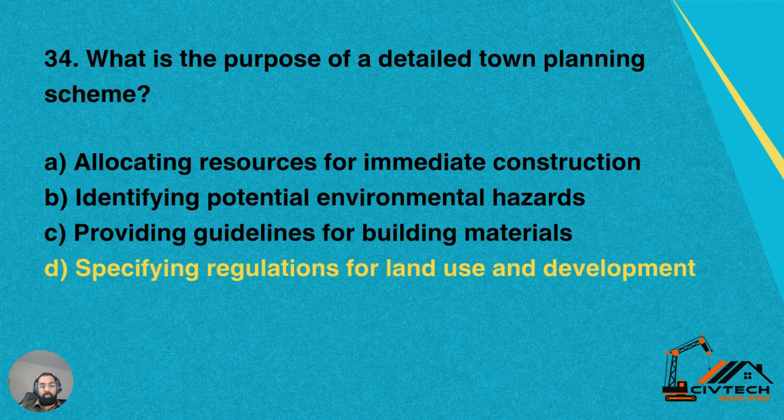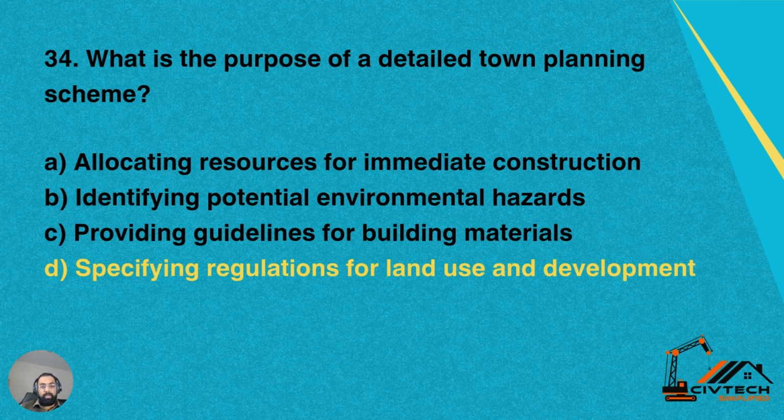Question number 34. What is the purpose of a detailed town planning scheme? After the master planning, we come to the detailing of the town planning. The options available were: A, allocating resources for immediate construction; B, identifying potential environmental hazards; C, providing guidelines for building materials; D, specifying regulations for land use and development.